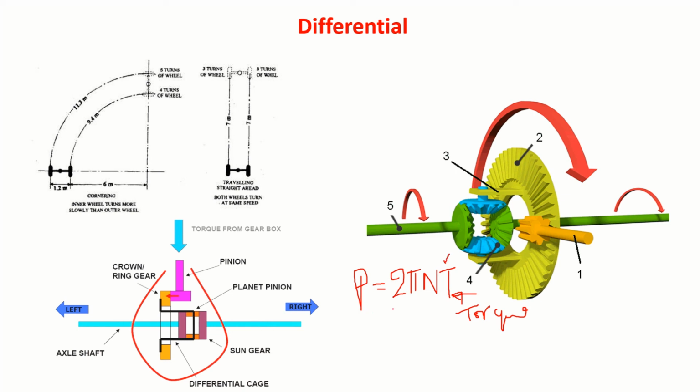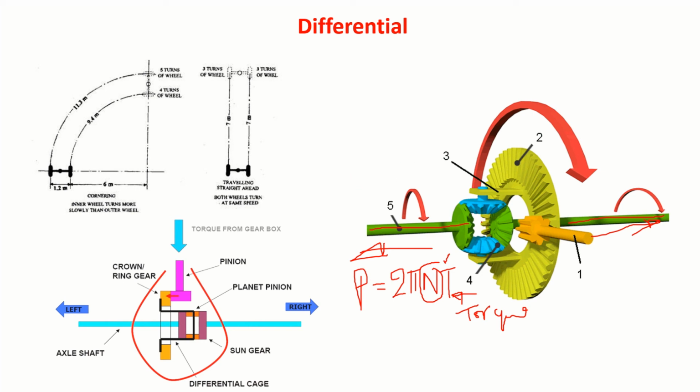So 2 pi N T, the torque will be the same in both cases. When the torque is the same, one is rotating at less speed, another is rotating at higher speed. So one will get more power and the other one will get less power. This is rotating less, so it will get less power. This is rotating more, so it will get more power. But the torque remains the same. So that's how it works.